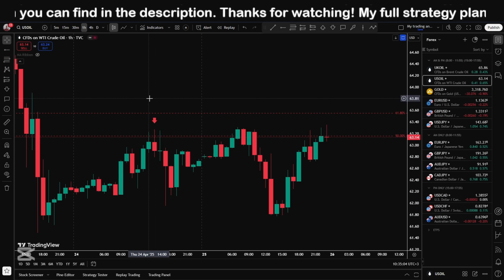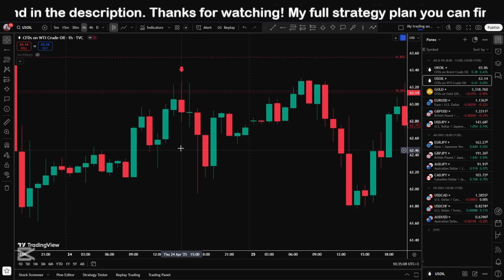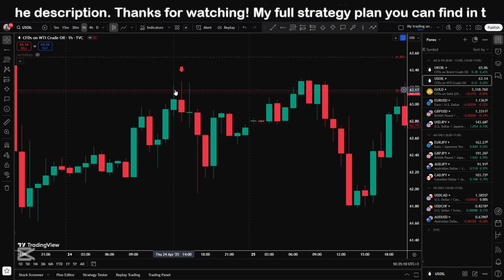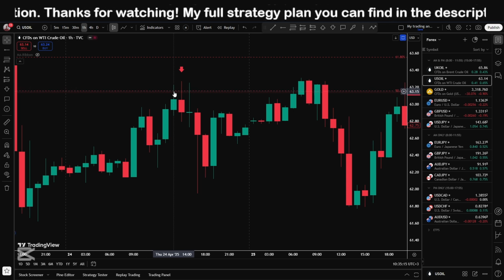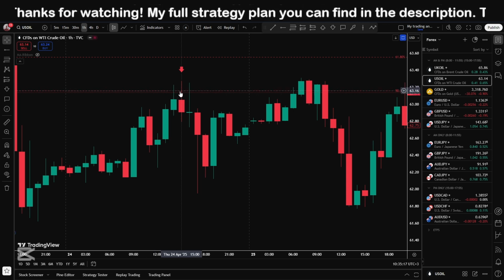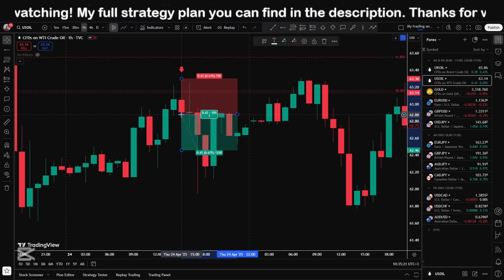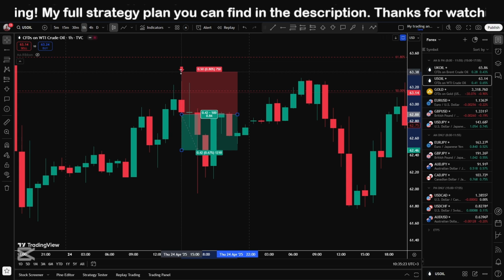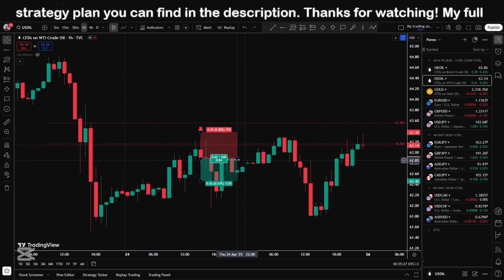Here at 15 o'clock, price hit the 50% level zone with the bullish bar, then the bearish bar. Short position from here, 50 points was okay for me.